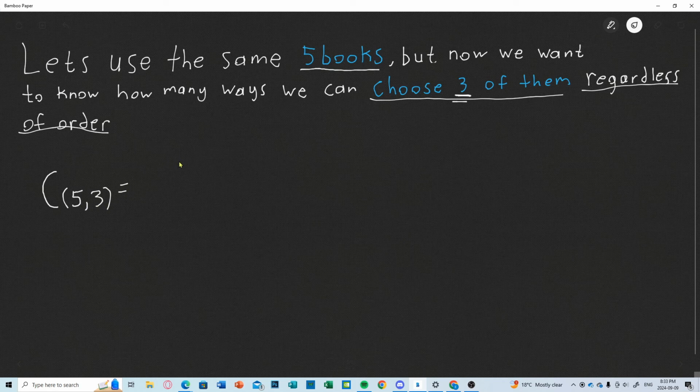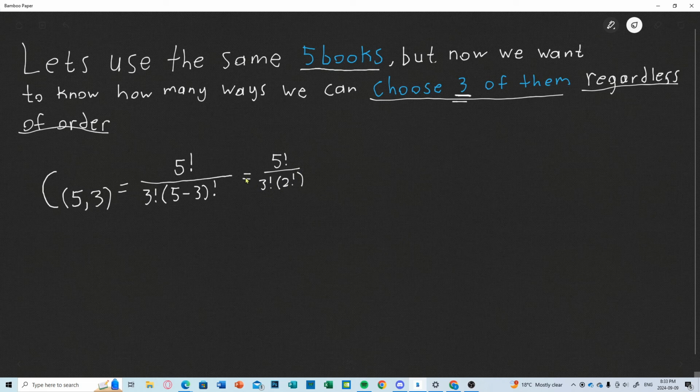So we know our N already is 5, so we'll have 5 factorial divided by, we know our R is 3 factorial, and now we're going to have 5 minus 3 factorial, which will give us 5 factorial divided by 3 factorial multiplied by 2 factorial.